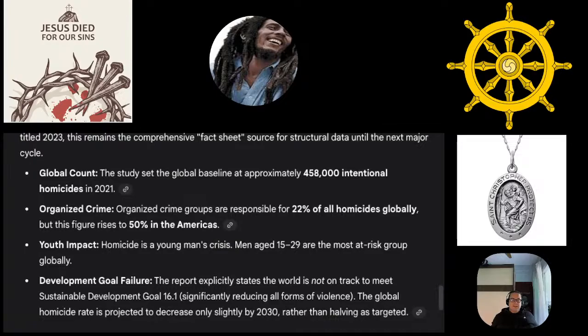But this is the data they've been able to come up with, even though they admit in this report that they really don't know, because countries aren't reporting since 2020, and they don't know how many unreported crimes are going on.